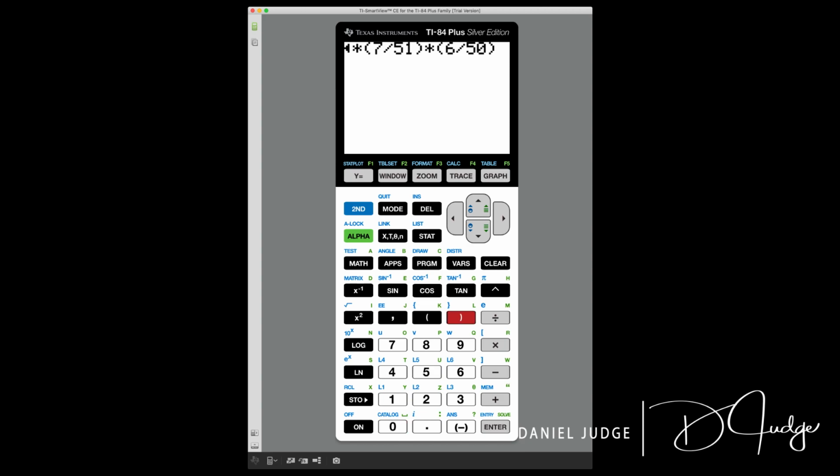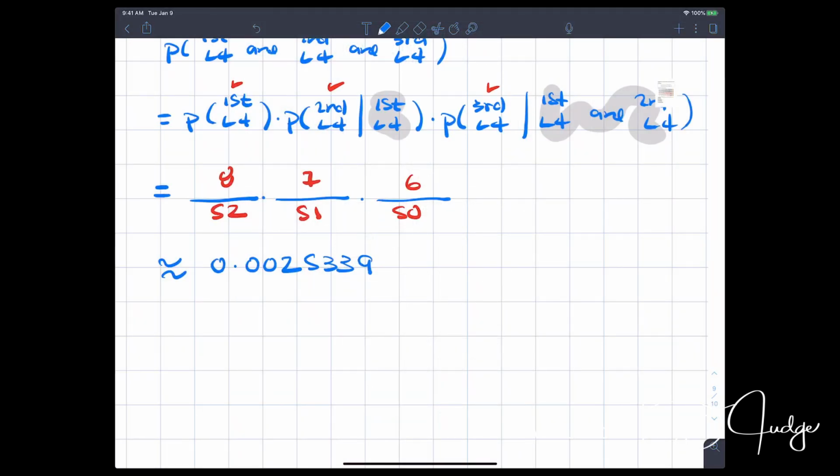Close that. Let's see what you guys get. Here's our answer. 0.0025339 and so on. And I know you can't see, but you will in a second. Here we go. Double check your calculators.